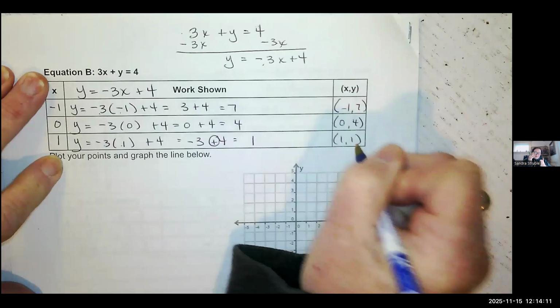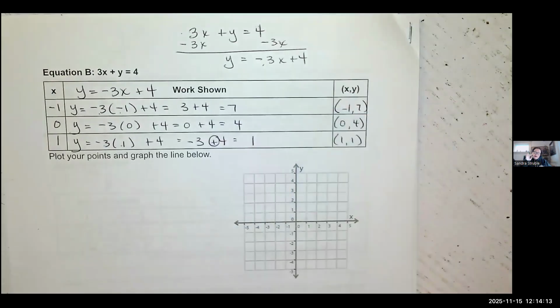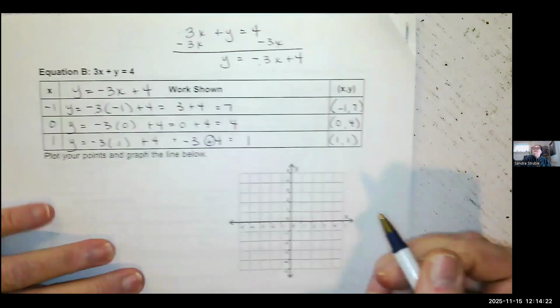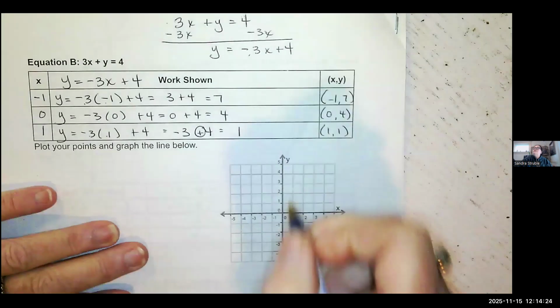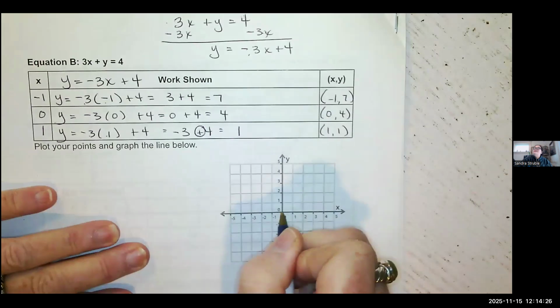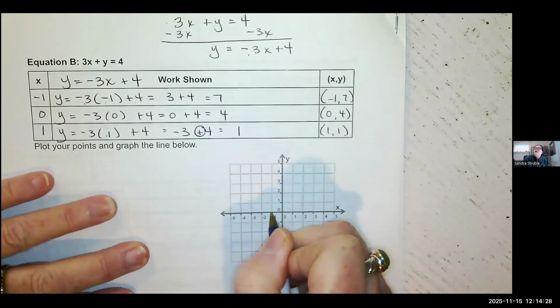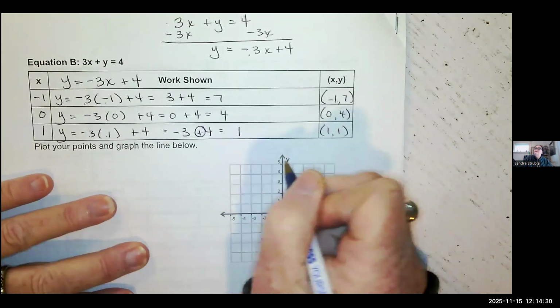Okay, now we need to plot our points. I am sorry, I did not create a graph that had enough up to 7, but we can just fake it till we make it, right? -1, 7. So from your origin, we're going to go left 1 for our x, and then we have to go up to 7. So if this is 5, we'll say this is 6, and this is 7.